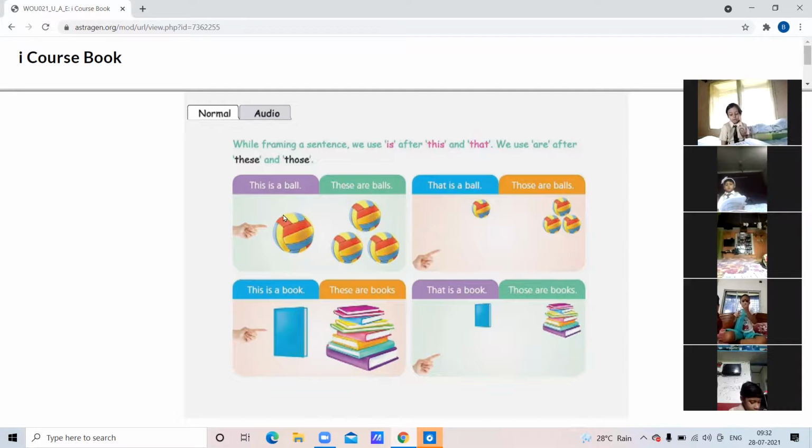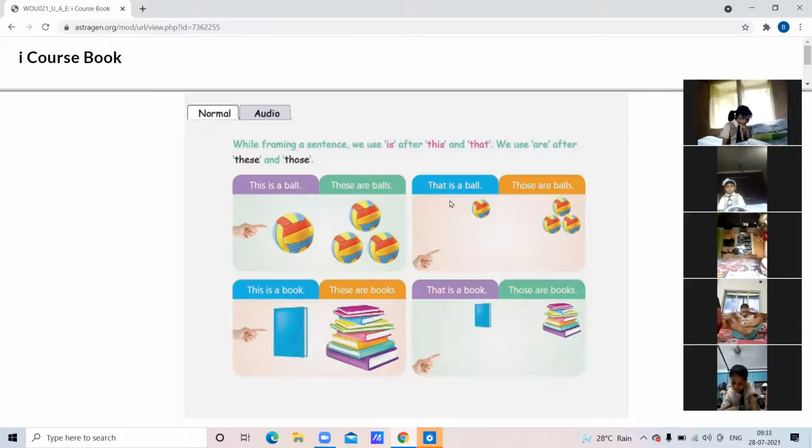Now listen, Indrakshi. When the ball is near to us and it is only one, what will we say? We will say this is a ball. We will use this, and after this, we will use is. But for the balls which are near to us and are many in number, we will use these. Because there are so many, three in number, and which are near to us, we will use these are balls. After these, the word are will come.